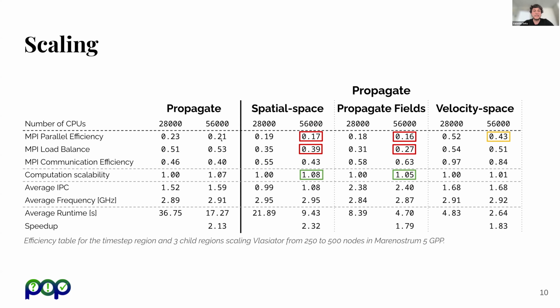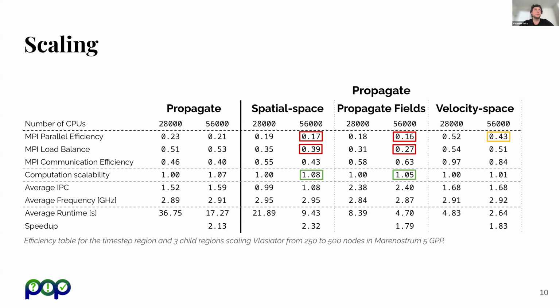What does parallel efficiency mean? This is a strong simplification, but it basically means that we only use 21% in this case of the machine, or 70% in the case of spatial space. And what do I mean by machine? I mean CPUs. So only 17% of the time the CPUs are doing useful computation and not spending time in MPI or OpenMP library calls.